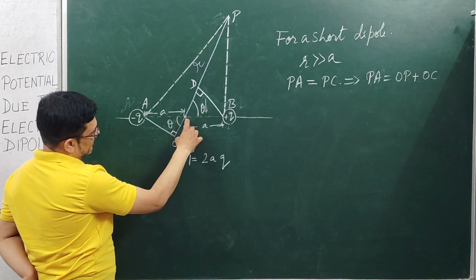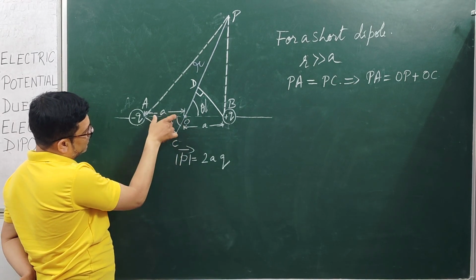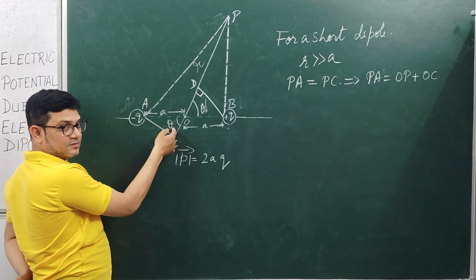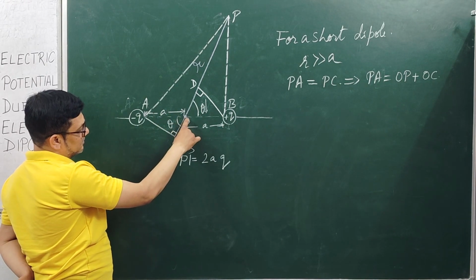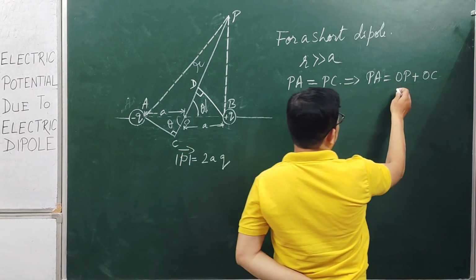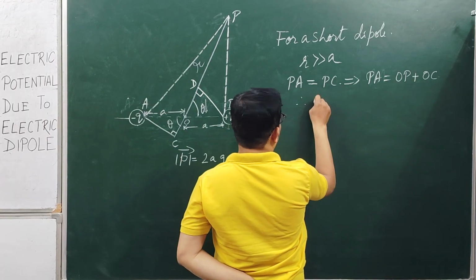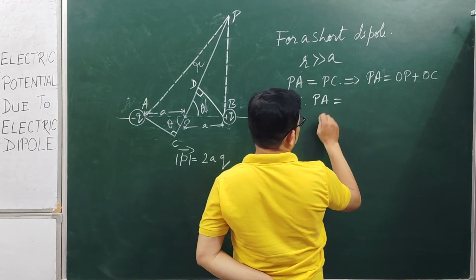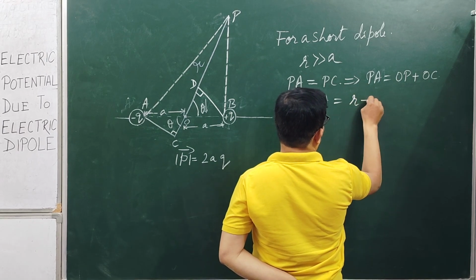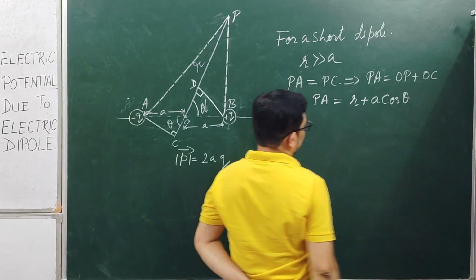This is base and this is hypotenuse, so OC over A is cos theta. Therefore OC is equal to A cos theta. We already know OP is R. So PA is equal to R plus A cos theta.